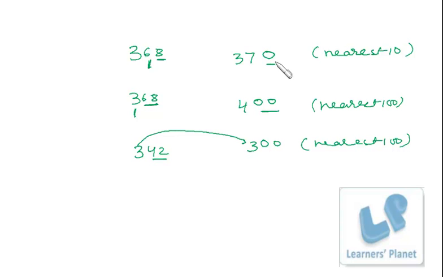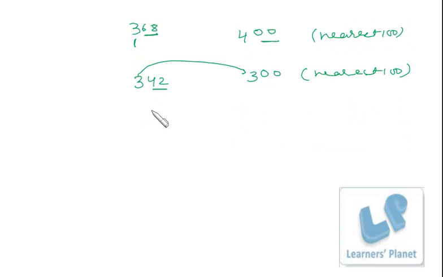When you have to do the rounding to nearest 100, then you put up 2 zeros and you see last 2 digits. In this case if the unit digit or the last digit is more than 5, you add 1 over here. In this case if the last 2 digits are more than 50, you add 1 over here. Okay, I take 1 or 2 more examples.